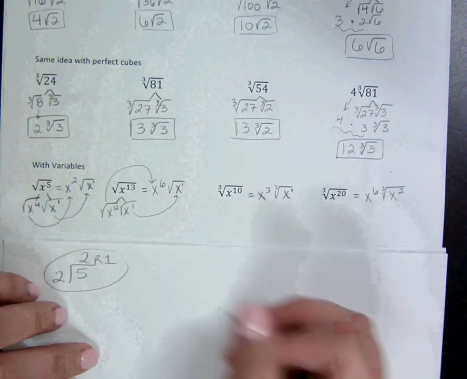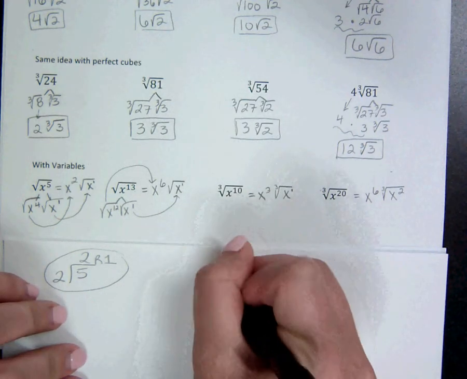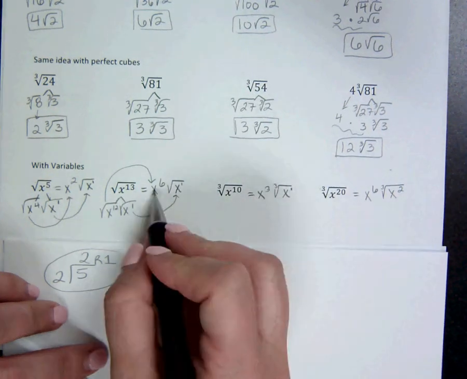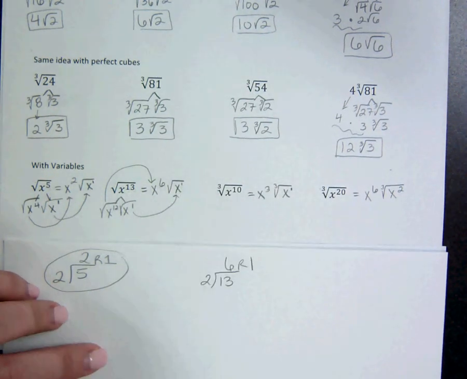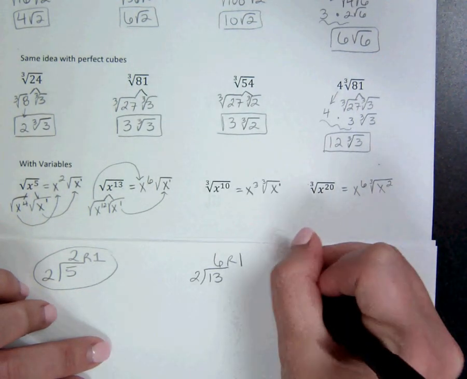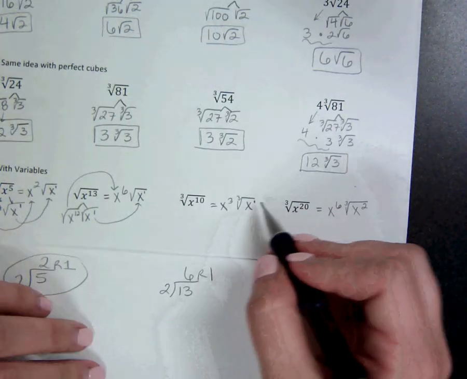So what I'm doing, and I'm doing these in my head, but you should be able to do them in your head as well. 2 goes into 13 6 times with 1 left over, so it's x to the 6th and 1 in the radical. 10 divided by 3. 3 goes into 10 3 times with 1 left over, so it's 3 out.